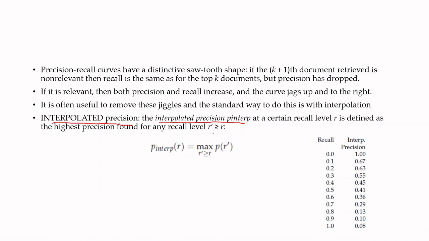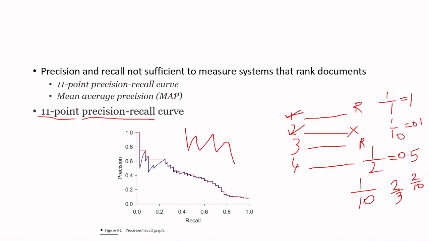Okay, so instead of having a jagged curve, for a particular recall value, you take the highest precision at that point. So for this particular recall value, the highest precision is this.